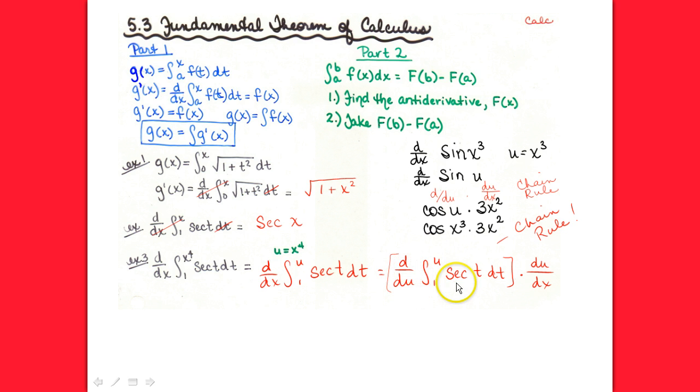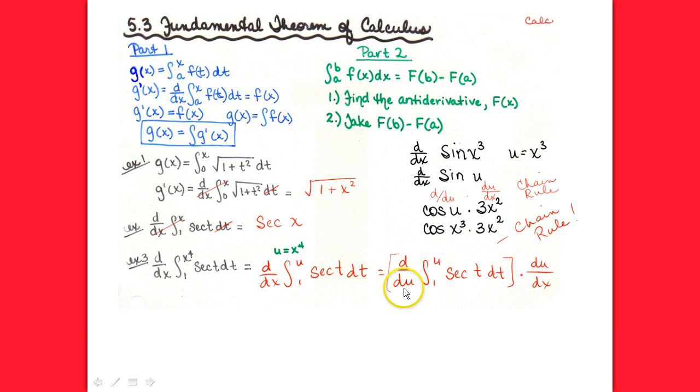So I can do the derivative of my integral in terms of u, and then I'm going to need to multiply by the derivative of u in terms of x. All I'm doing is chain rule. So there are times when I'm taking the derivative of an integral, if I have a quantity that I have to substitute out, then I'm going to use chain rule to do that. All right, so let's finish this off. Let's focus on this piece.